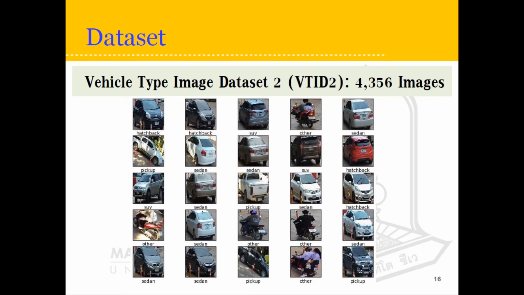Then we expanded with more images in our second dataset, VTID2. This newer dataset has 1456 images, with 1200 plus images in the sedan and pickup classes, and 600 plus in the other 3 classes.